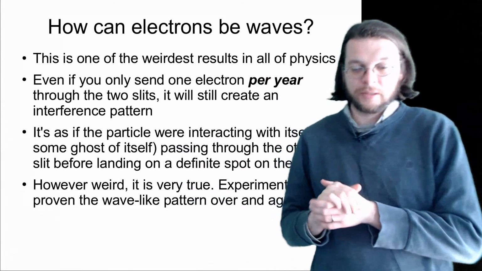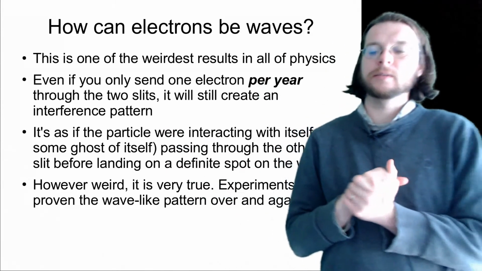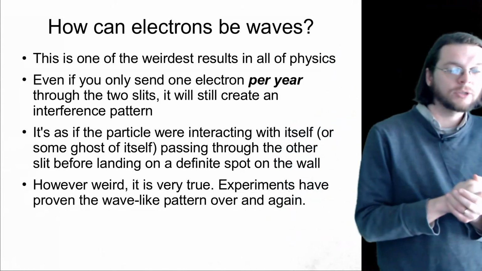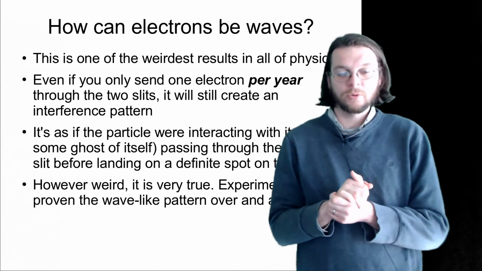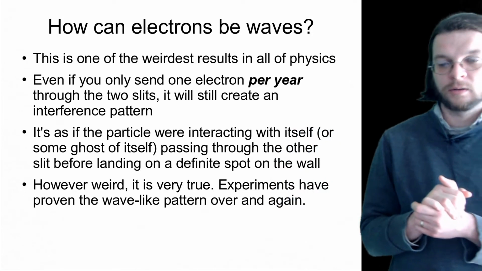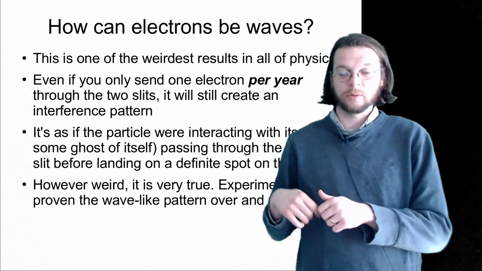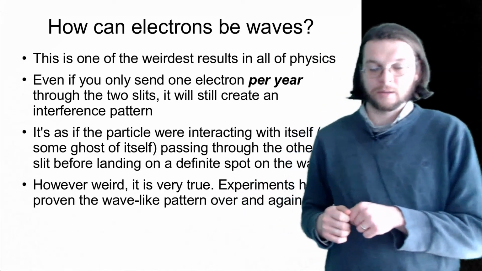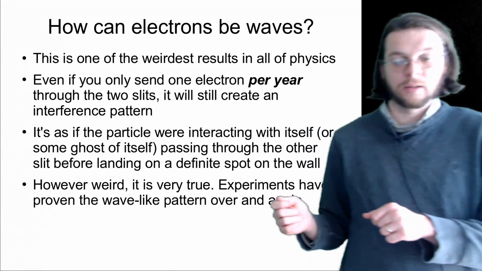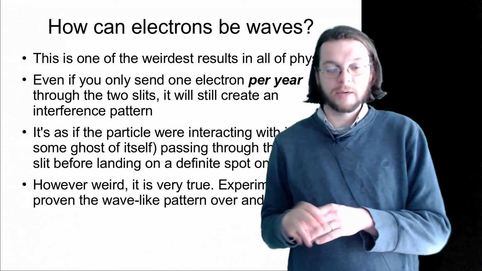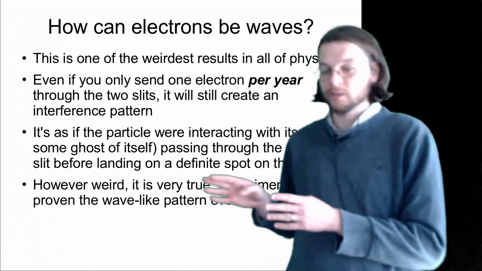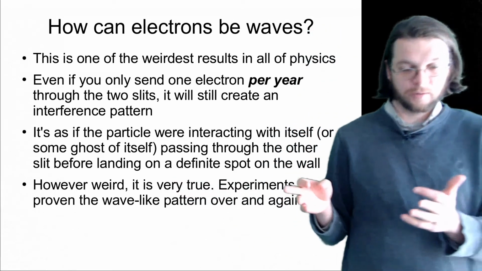But it turns out that it still does exactly the same thing, which is super weird. Because if you shoot one electron per year, there's no way for that electron to interact with other electrons as it's going through, which means that that electron is producing a wave pattern not because it's interacting with the other electrons, but because it's interacting with itself somehow.